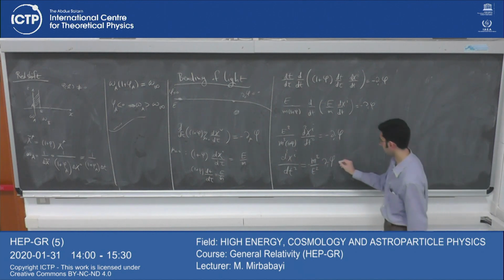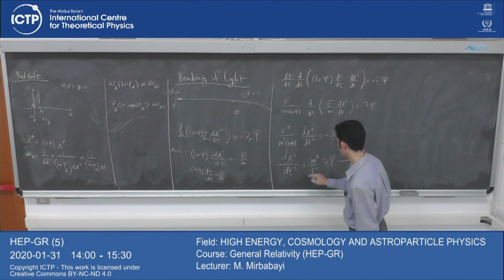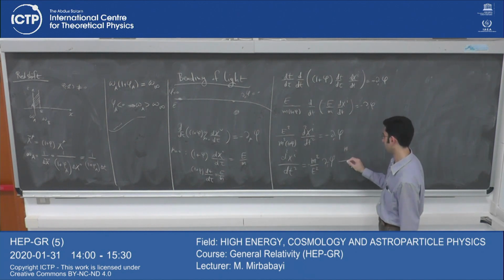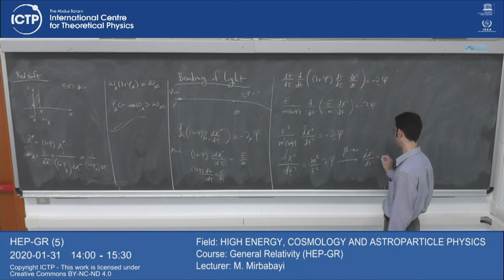So what we see is that as I take the relativistic limit, meaning that you keep m fixed but send energy to infinity, or m over e to 0, to make the particle ultra-relativistic, then the equation of motion becomes the free equation.